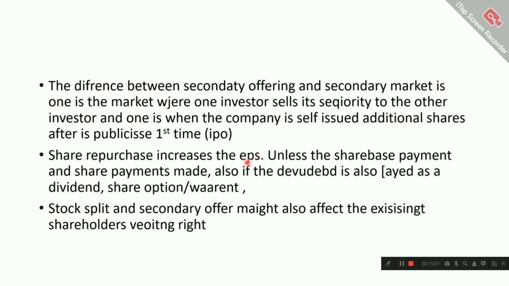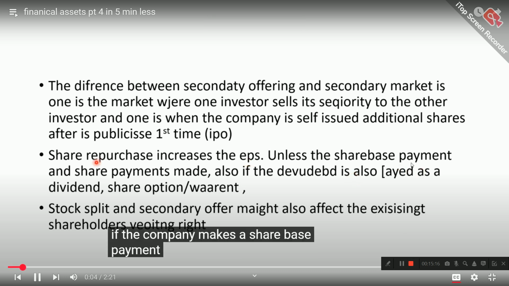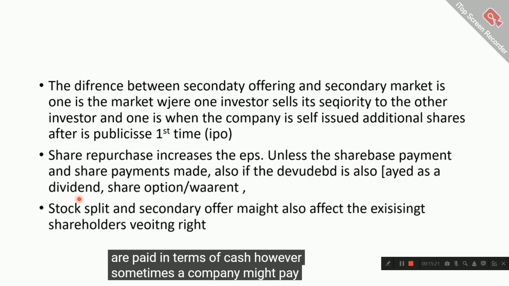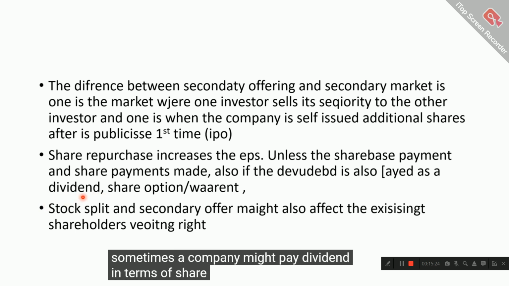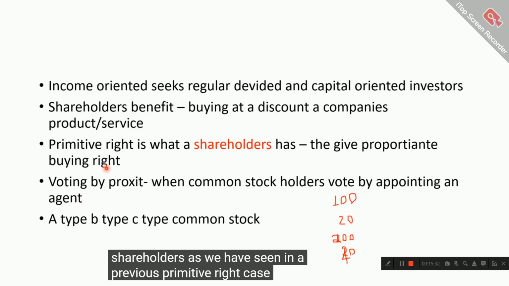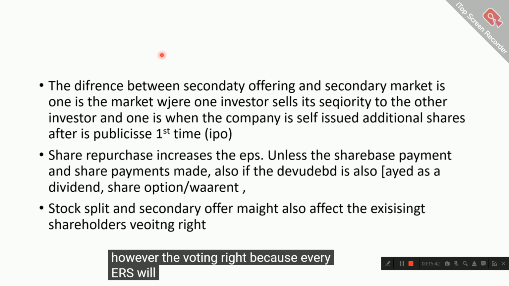Usually dividends are paid in cash. However, sometimes a company might pay its dividend in terms of shares. This will not dilute the voting rights of the existing shareholders, as we saw in the previous preemptive right case, because every shareholder will get their proportional dividend, so in total it will not create an imbalance that dilutes the voting rights of existing shareholders.